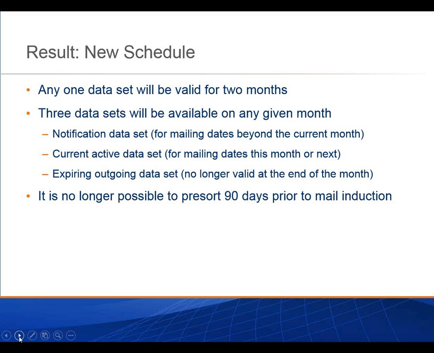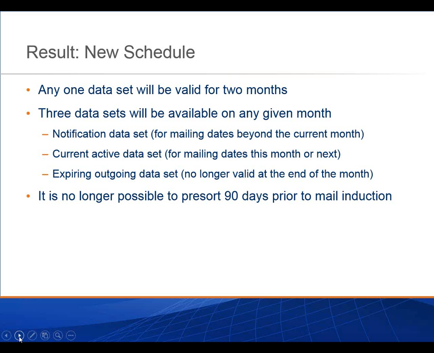This is going to mean for some of you that may be doing pre-sorts, 90 days or more in advance of when the mail is inducted, that you are no longer going to be able to do this. I know one of the mailer practices that has happened is that a customer may do a single pre-sort, and then a third of it drops maybe on month 1, a third drops on month 2, and a third drops on month 3, all done from the same pre-sort.